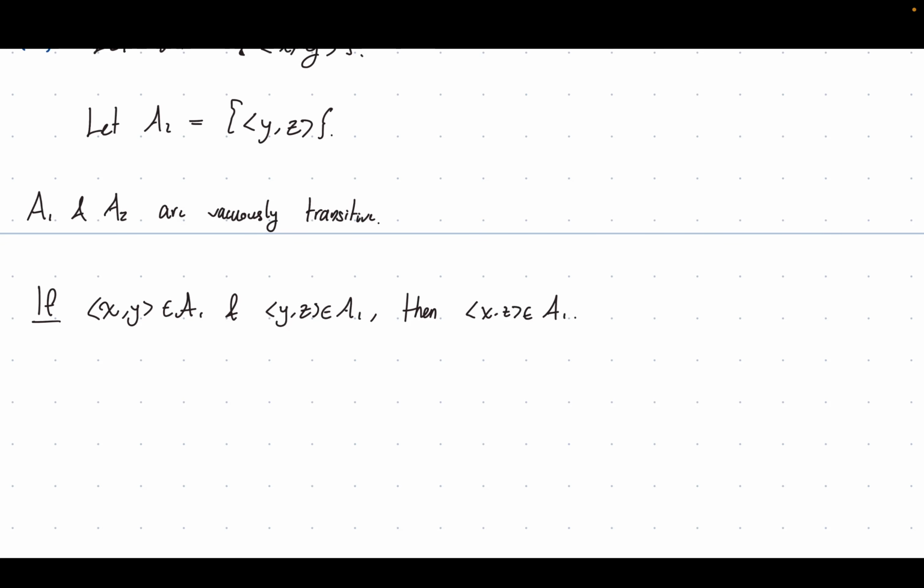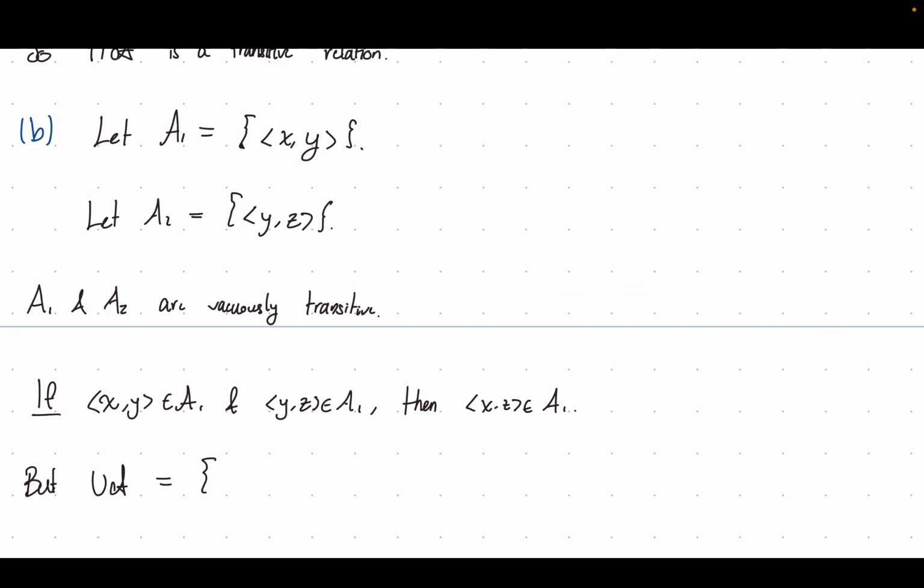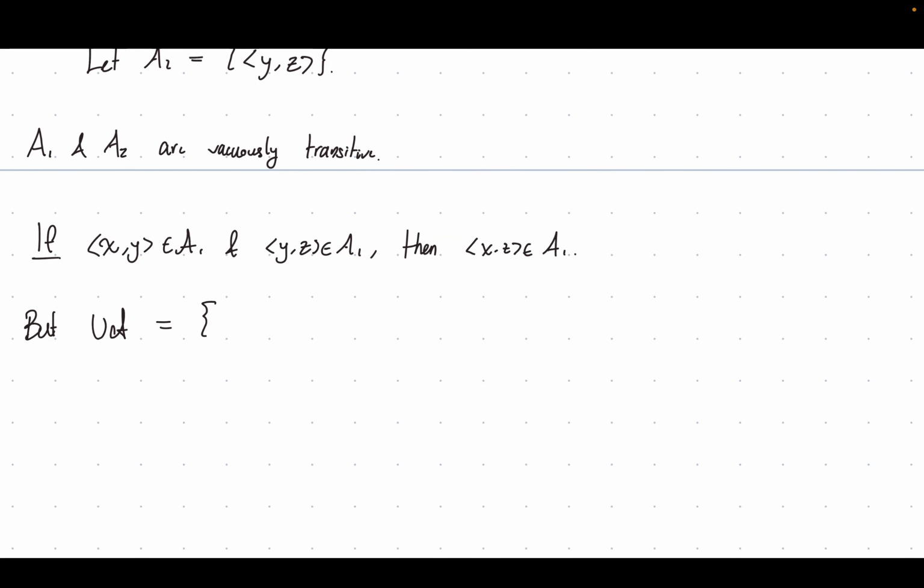But the union of script A is equal to anything that is within any of these sets. So basically we take all the elements here and all the elements here and bunch them up together, and this is going to be x comma y and y comma z.